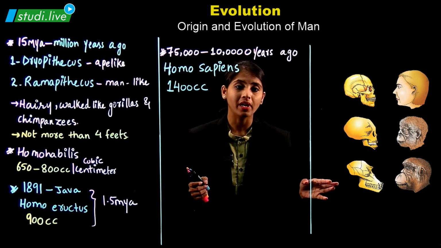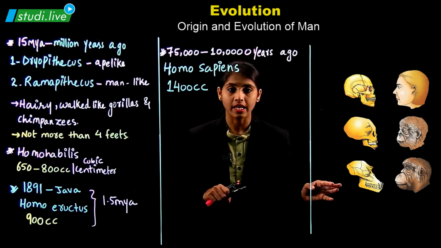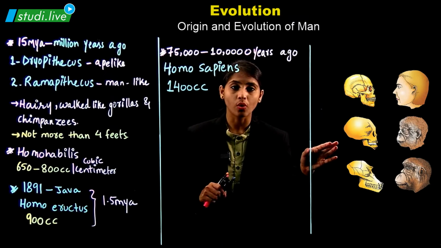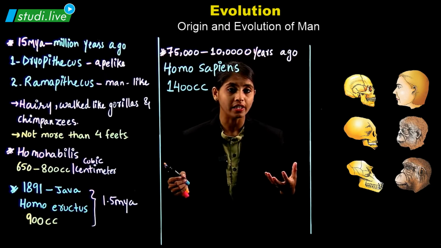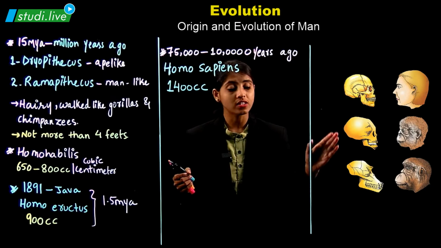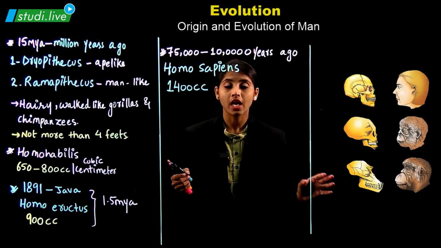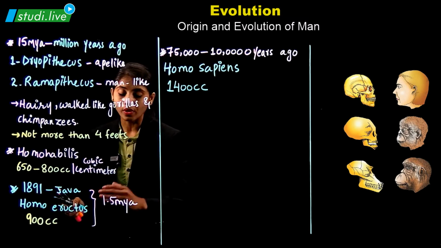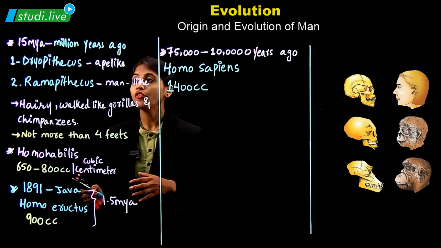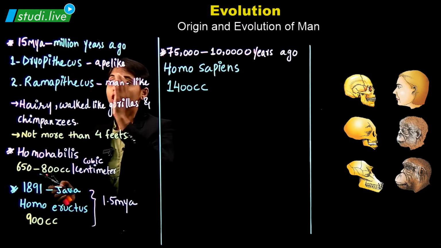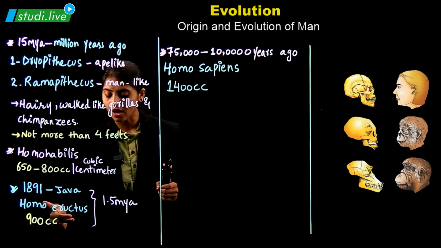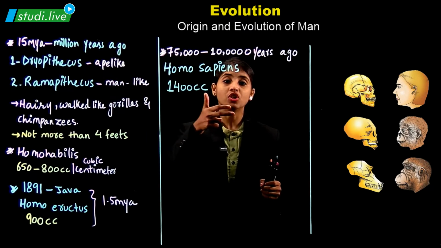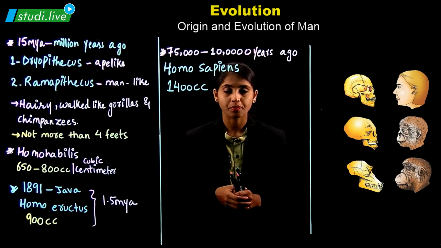Where the jawline is more, the brain is smaller; where the jawline goes inward, the brain space is comparatively greater, and here the difference is vast. That's what we were comparing: how from the Dryopithecus or Ramapithecus, the Homo habilis, Homo erectus, and Homo sapiens species arose.